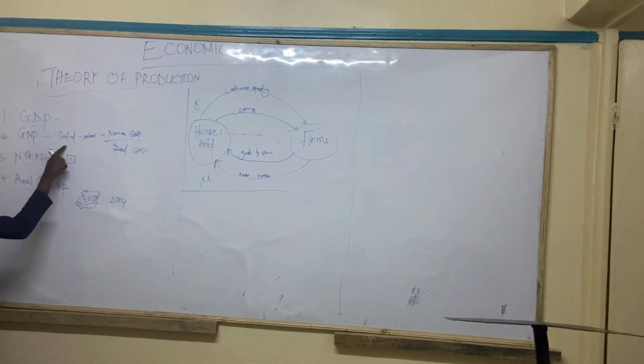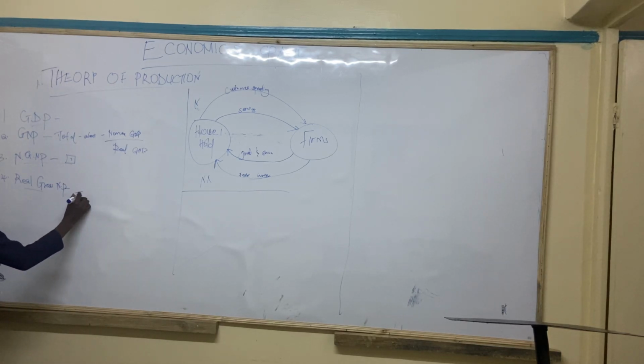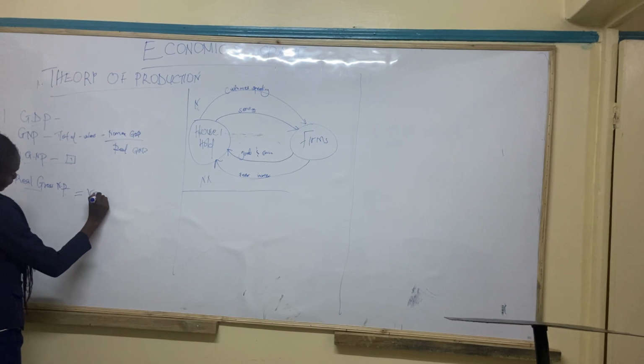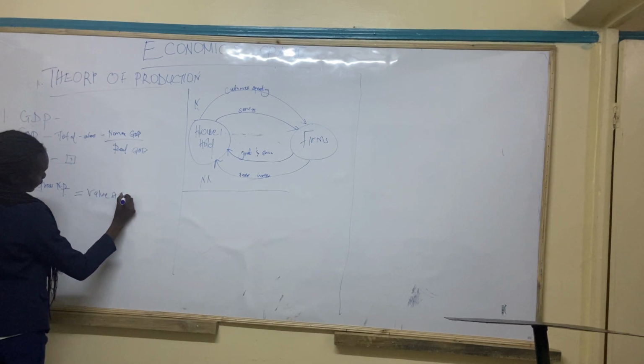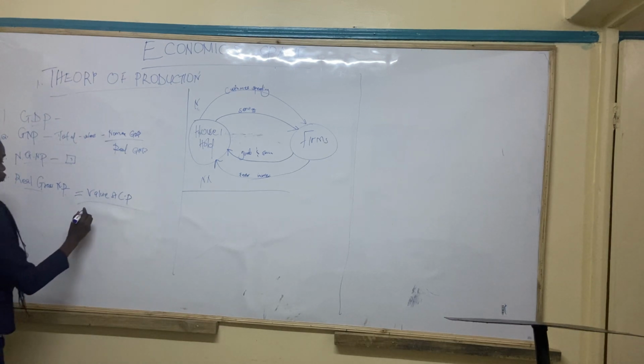To get real gross national product, you take the value at current price and divide by the consumer price index.